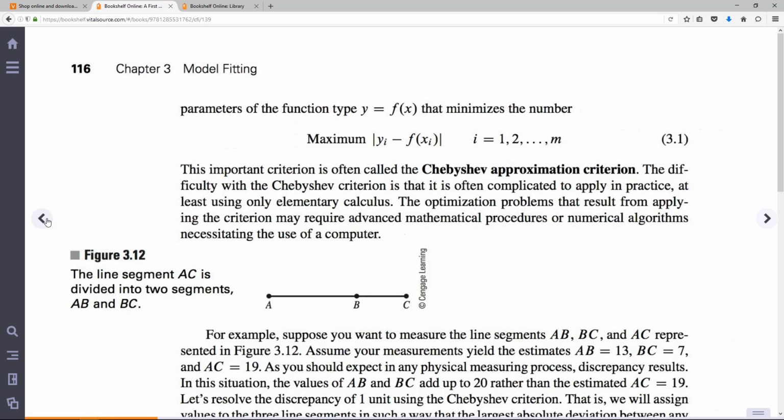Okay. So here, for this particular example, we're trying to minimize this function form, where y equals f(x) minimizes this number. We're trying to figure out this function form, right?